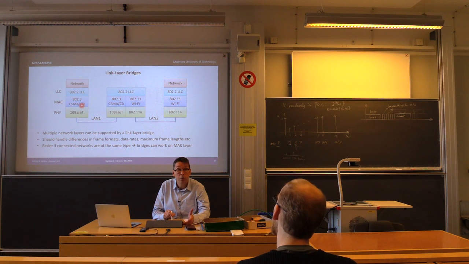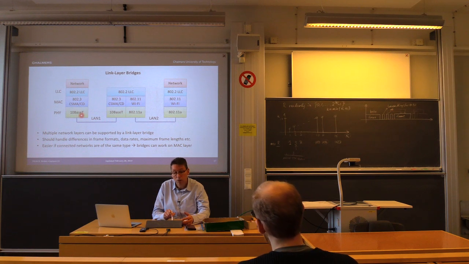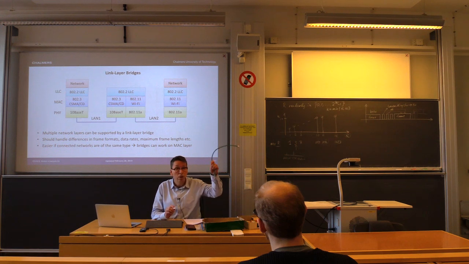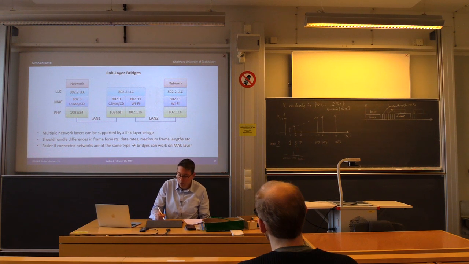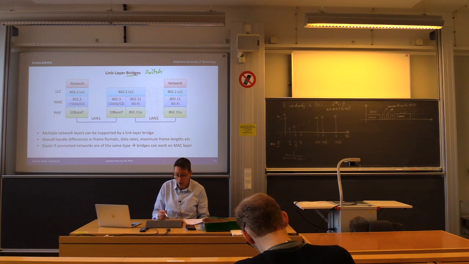Okay, so IEEE Ethernet, and then it's using the physical layer 10BASE-T. So this is a 10 megabit Ethernet with these type of twisted pair cables. And then it goes over these twisted pair cables into a link layer bridge. Okay, bridge is the same as switch. It's the same thing, right?